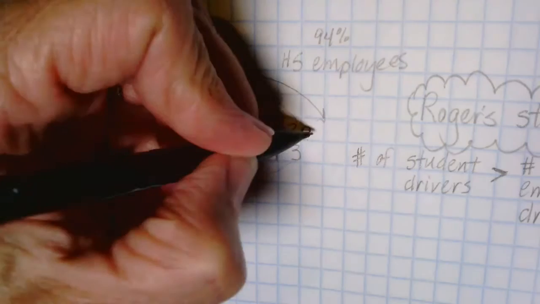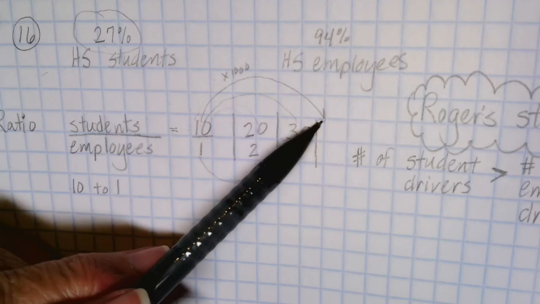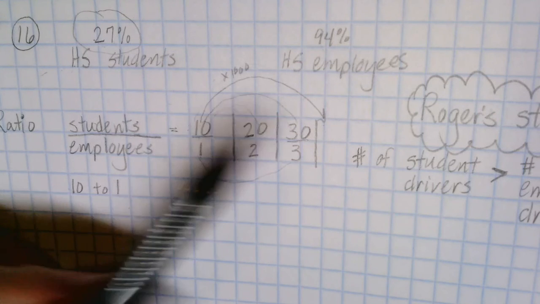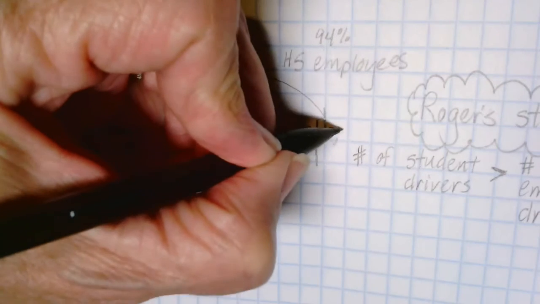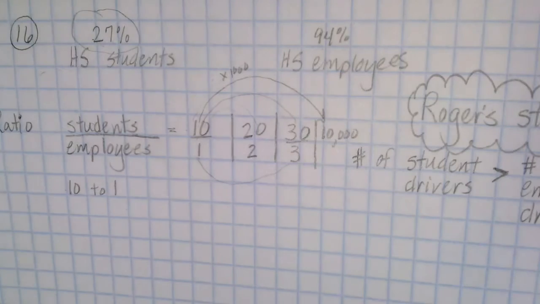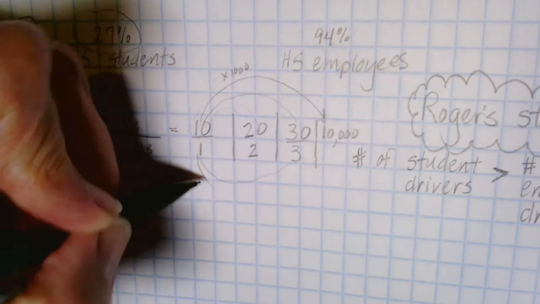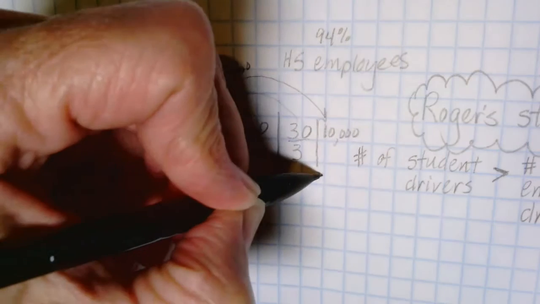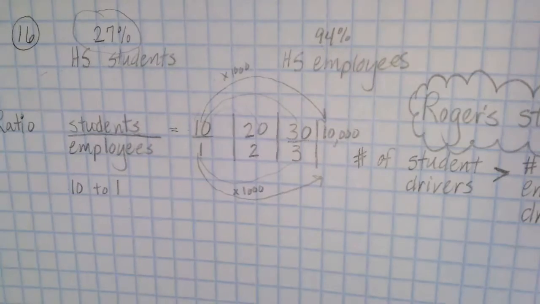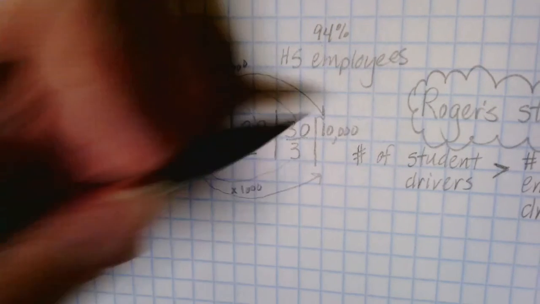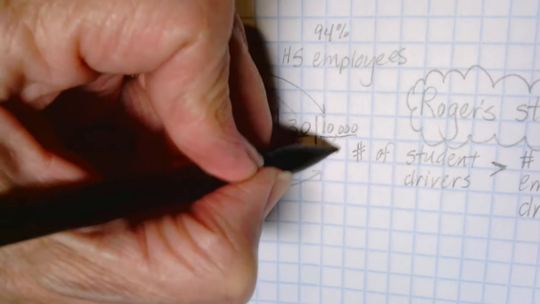Well, let's really jump and let's say 10 times 1,000. Well, that would give me 10,000 students. But you know that I also have to multiply my one employee by 1,000 if I'm going to multiply my students by 1,000, and that's going to give me 1,000 employees.